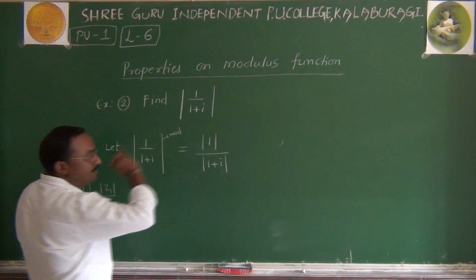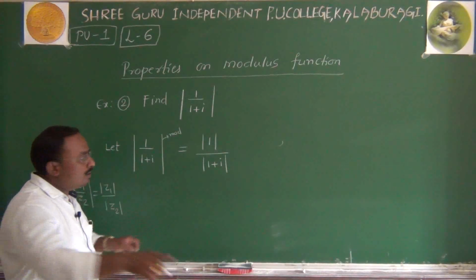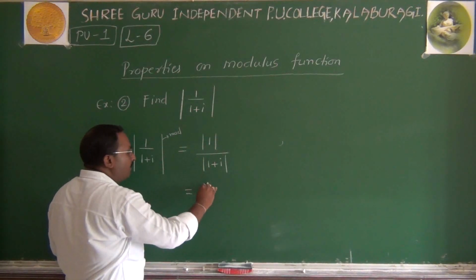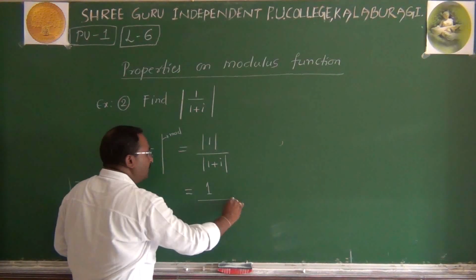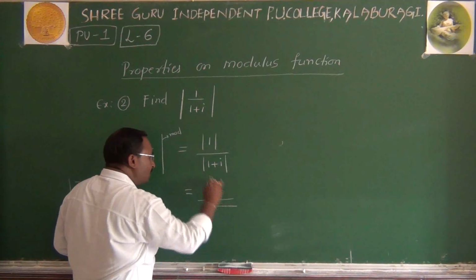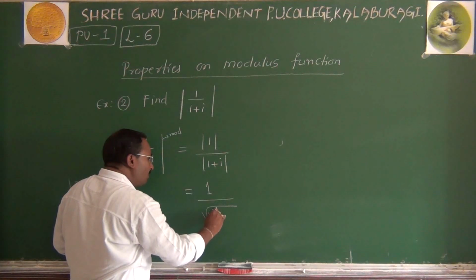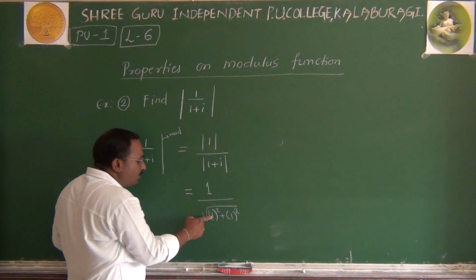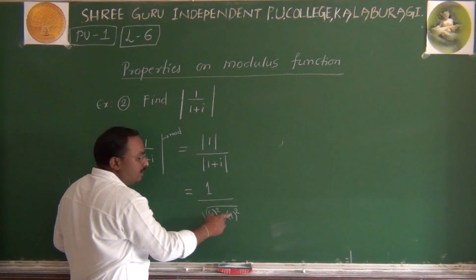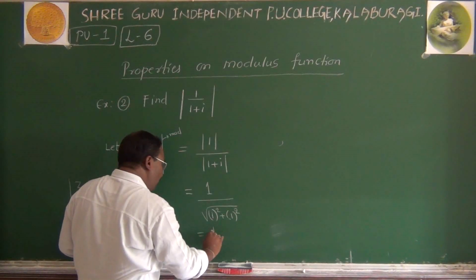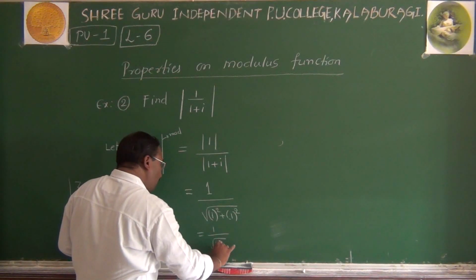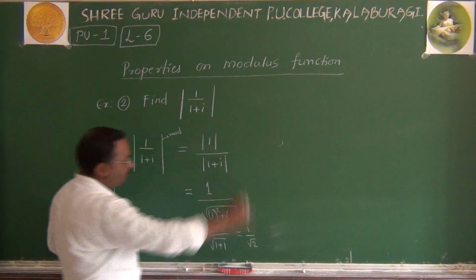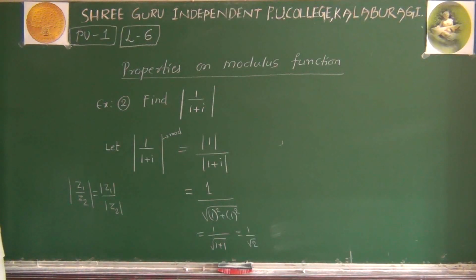The modulus of 1, that is purely real, is always 1. The modulus of the denominator 1 plus i is the square root of real part square plus imaginary part square. Here the real part is 1 and the imaginary part is 1. This is 1 divided by the square root of 1 plus 1, which is equal to 1 by root 2. Separate modulus.